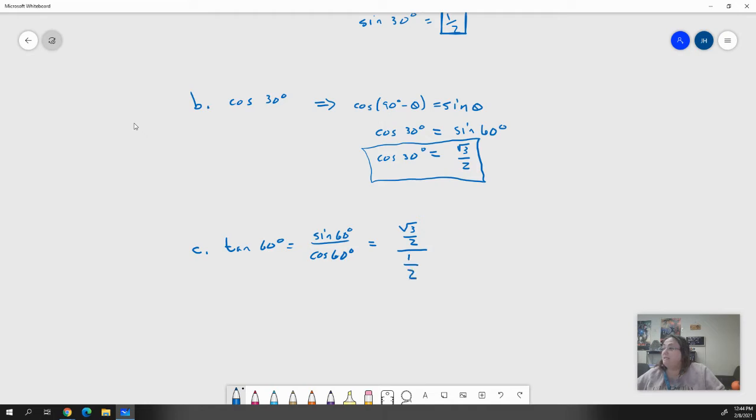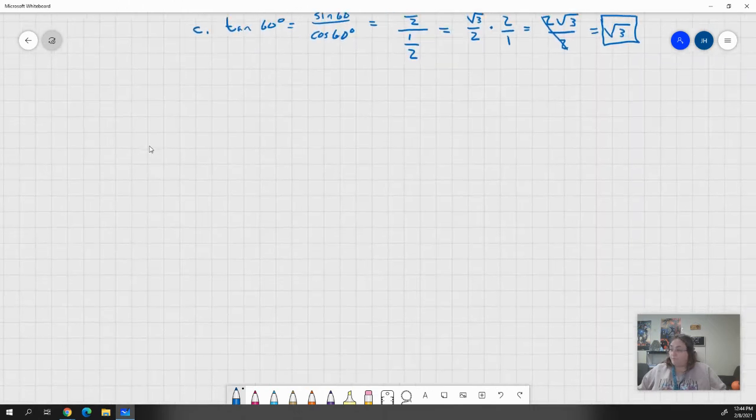I'm given that in the beginning of the problem. Now, that can't be my solution. I can't be left with a fraction over a fraction, but that would be the same as radical 3 over 2 times the reciprocal, which is 2 over 1, which gives me 2 rad 3 over 2. When we cancel that, we're just left with the square root of 3. All of these are like little puzzle pieces that we have to keep putting together. And so that covers number 37.